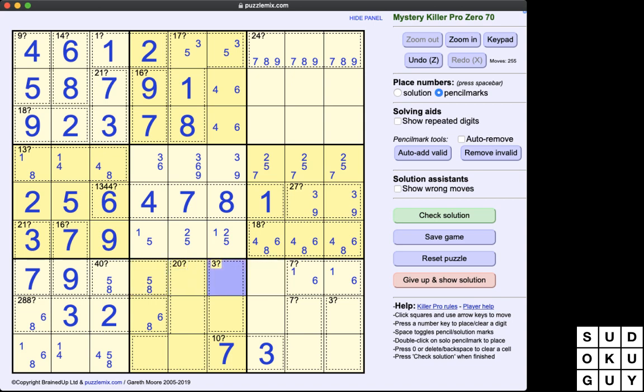What's left in this row now? 2 and 4 and 3. Except not 4 here. And not 3 here.